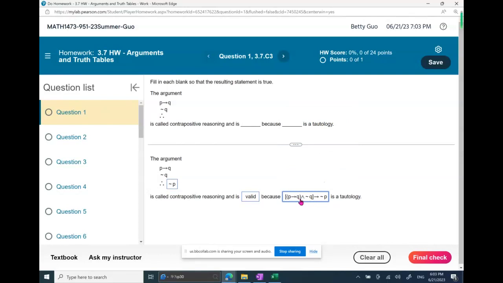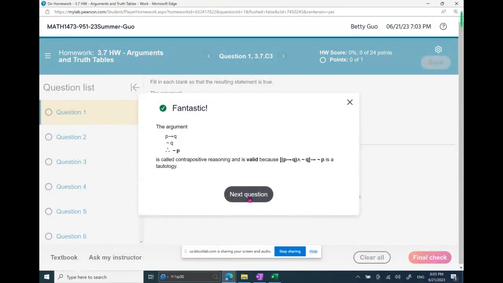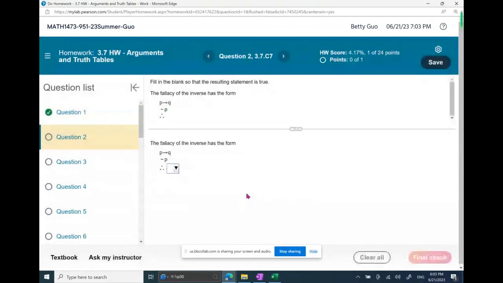As you can see, the first premise, P implies Q, and the second premise, not Q, is the antecedent, and it will give us the consequent. This conditional statement is a tautology, meaning in all cases it is true. That is about contrapositive reasoning.